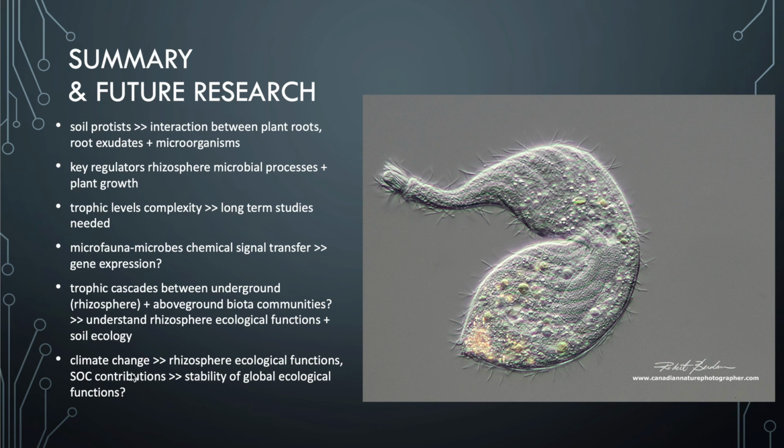We also don't know how climate change impacts rhizosphere ecological functions and soil organic carbon contributions, and how this affects the stability of global ecological functions. This is completely new territory, as climate change is having a huge impact with droughts. Protists can't live without moisture in the soil.